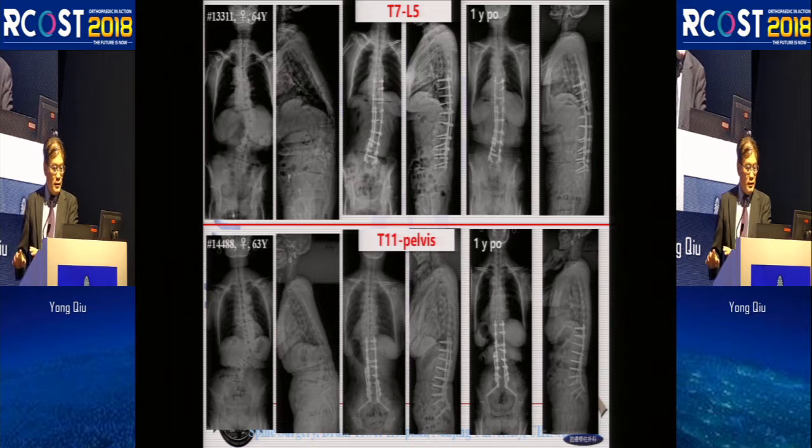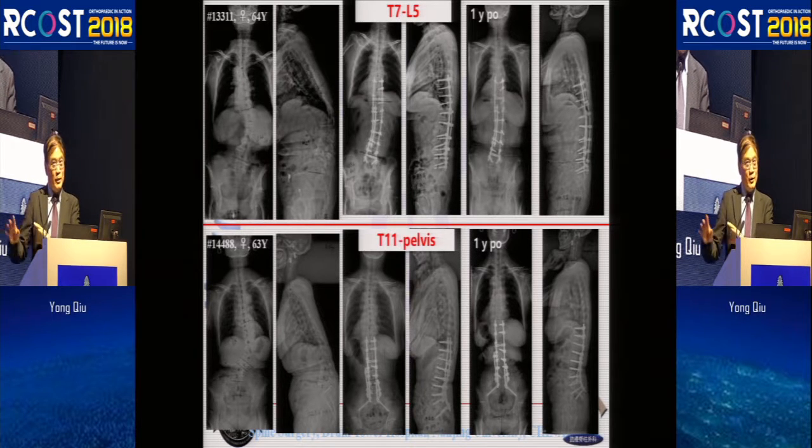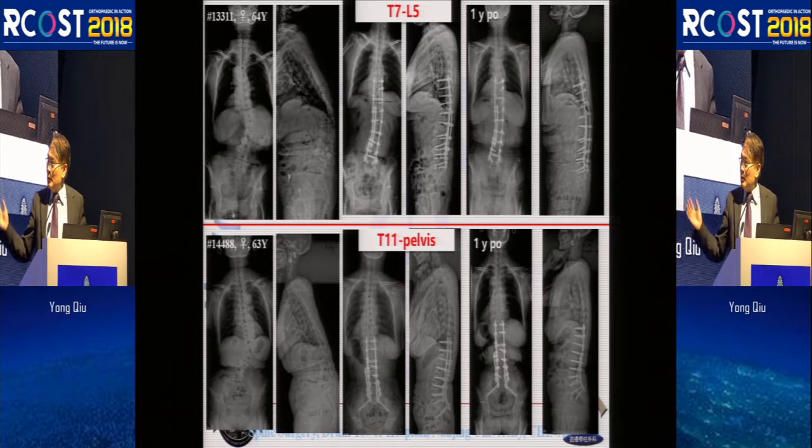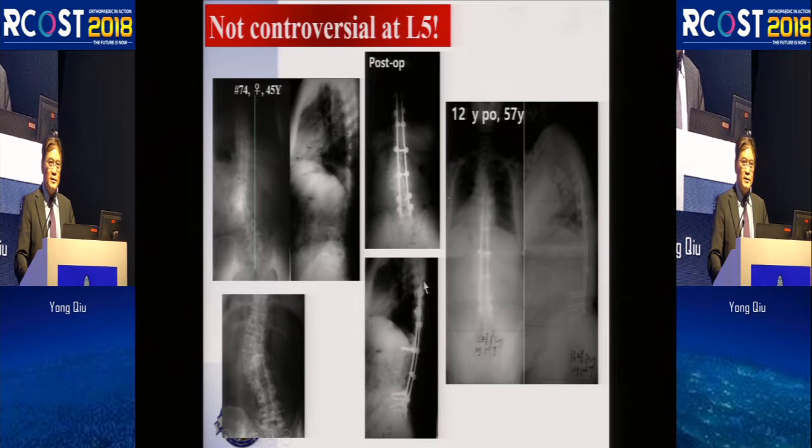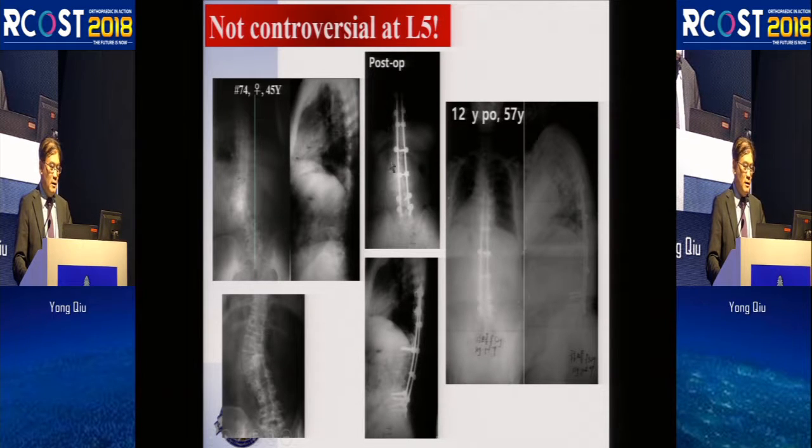For these two patients, very similar, we did a different instrumentation pattern, and with shorter-term follow-up, both patients go very well. So why? Whether to stop at L4, L5, S1 or the pelvis is a debatable question since a long time ago. But we do have some consensus.